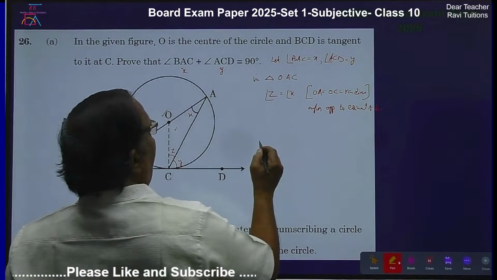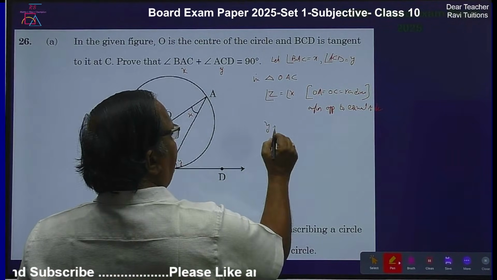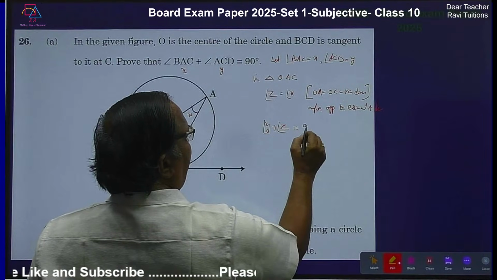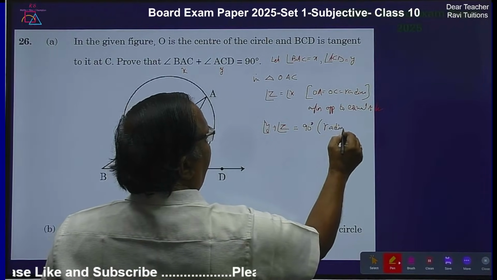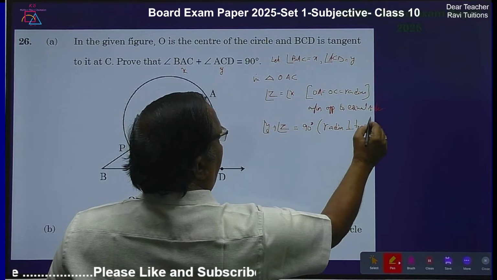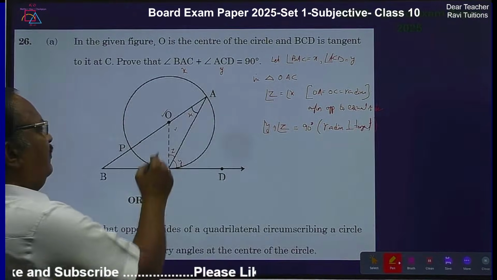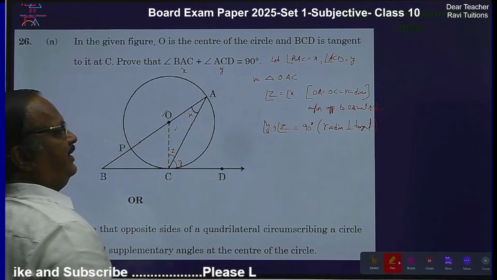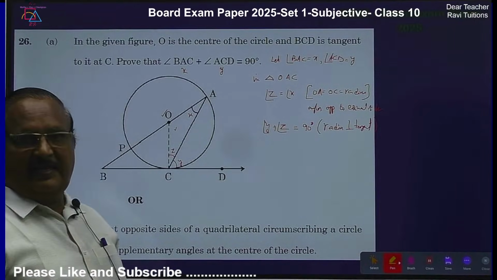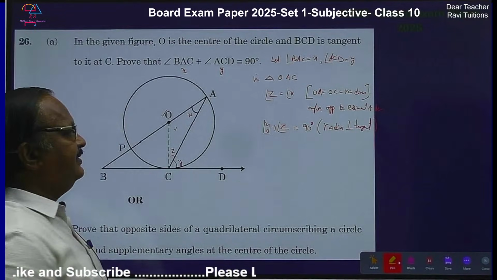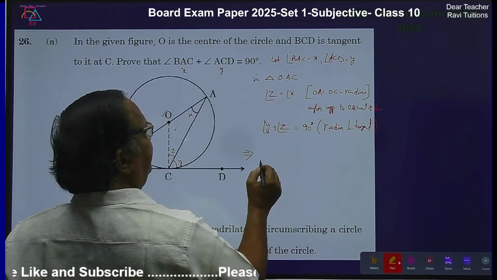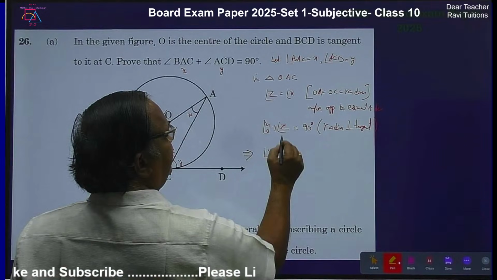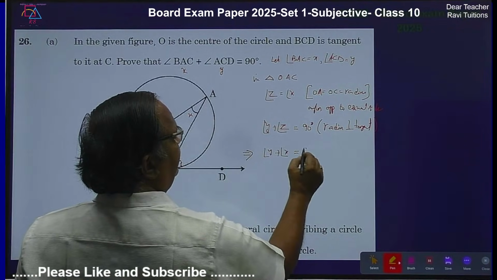So now angle Y plus angle Z is equal to 90 degrees, because radius is perpendicular to tangent. OC is the radius, so OC is perpendicular to tangent. So Y plus Z is equal to 90 degrees. So that implies, in the place of Z, I will write X, angle Y plus X is equal to 90 degrees.